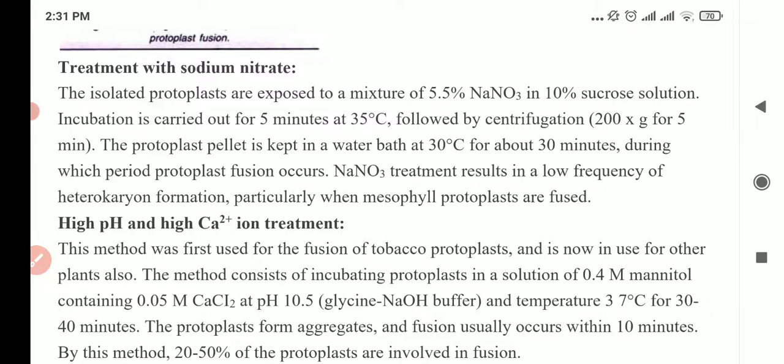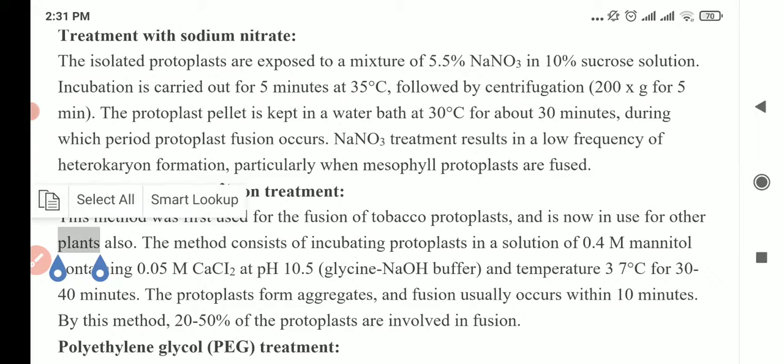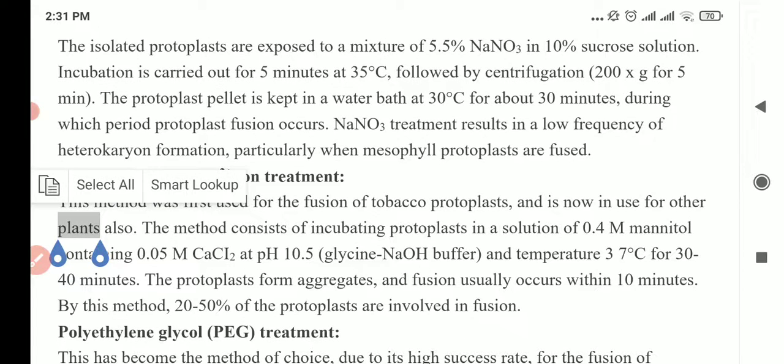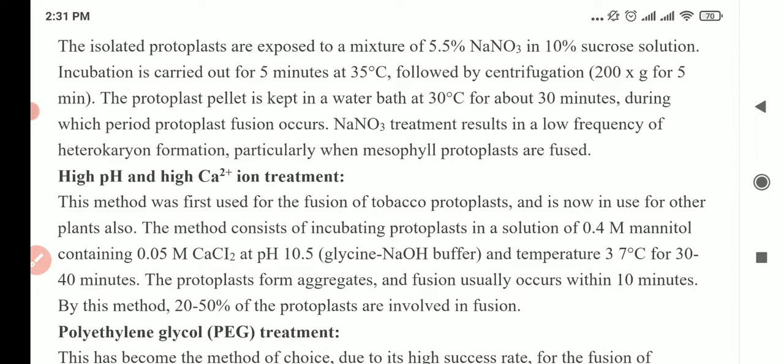Then you can treat with sodium nitrate. You can expose them to a mixture of 5.5% sodium nitrate in 10% sucrose solution. You fuse them in this mixture, and you take it for 5 minutes at 35 degrees Celsius.